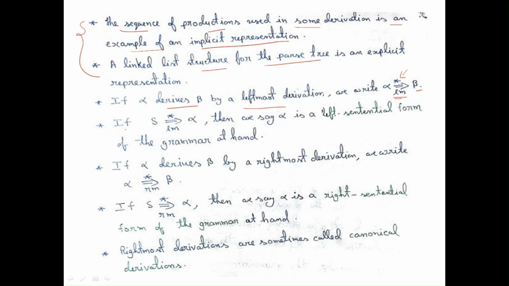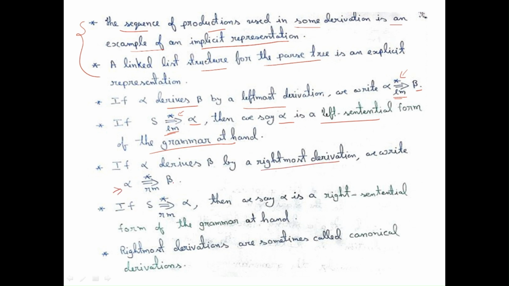Okay. If S derives alpha in 0 or more steps in leftmost derivation fashion, then we say that alpha is a left sentential form of the grammar at hand. Okay. In a similar way, rightmost derivation is represented.